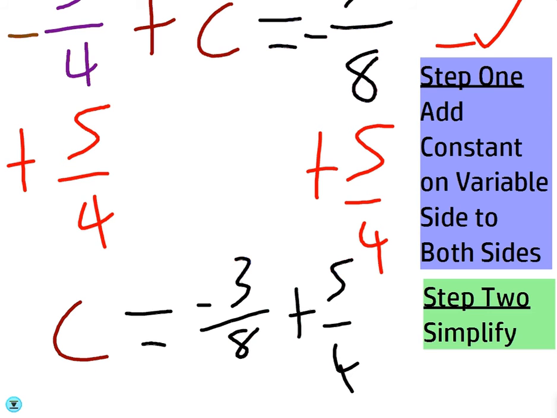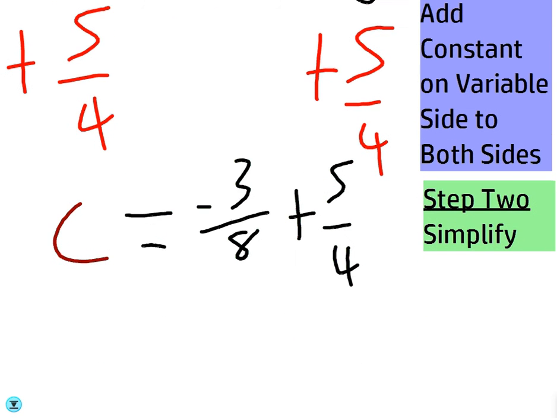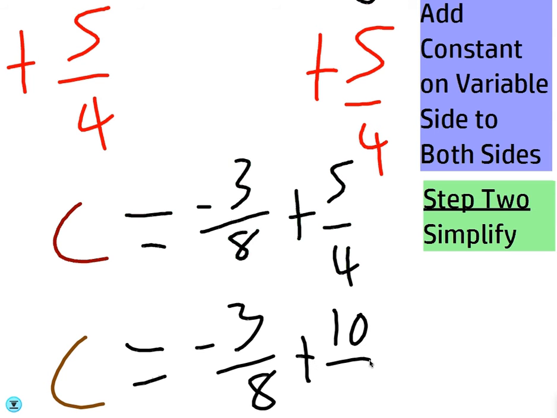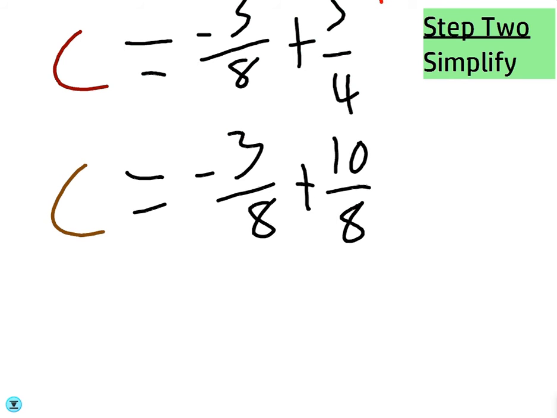Okay, so what did you say the common denominator was? Okay, the 5/4 will become 10/8 because you multiply it by 2 over 2. Okay, so what is negative 3/8 plus 10/8?